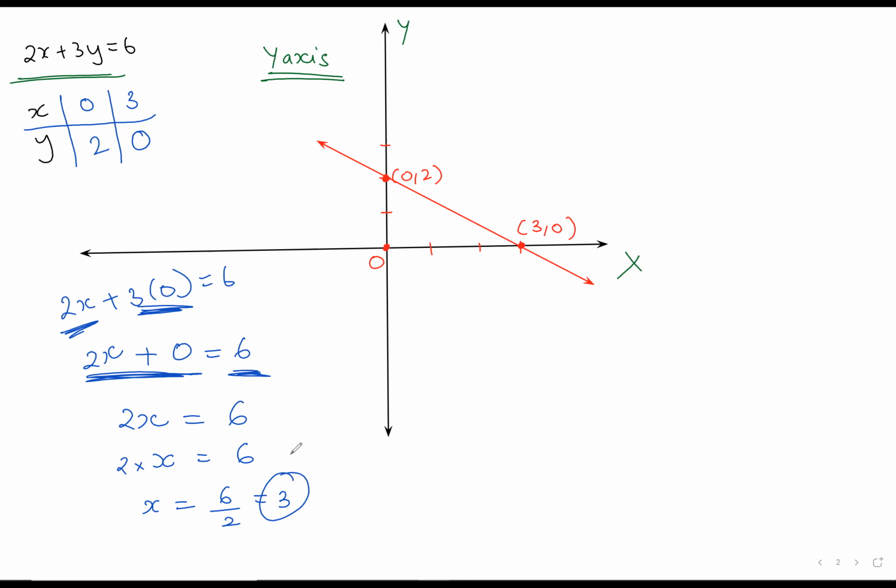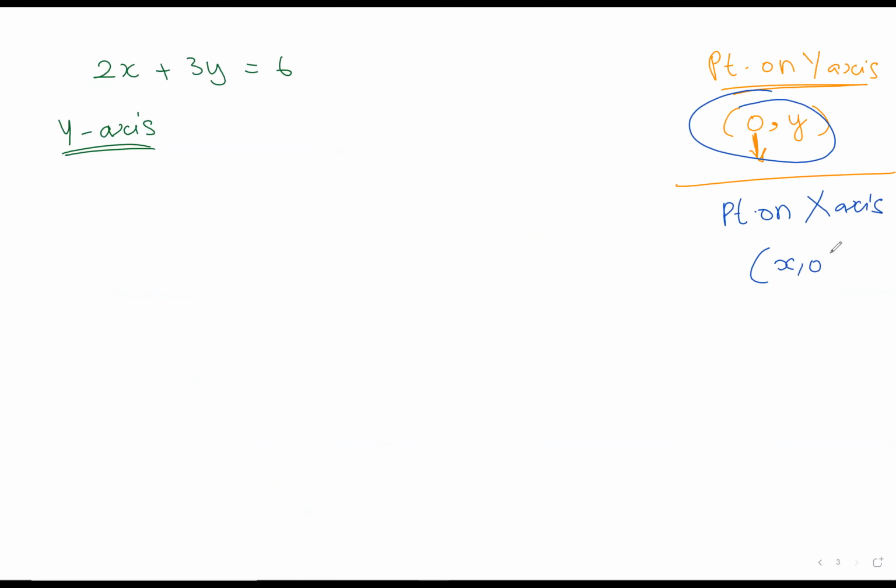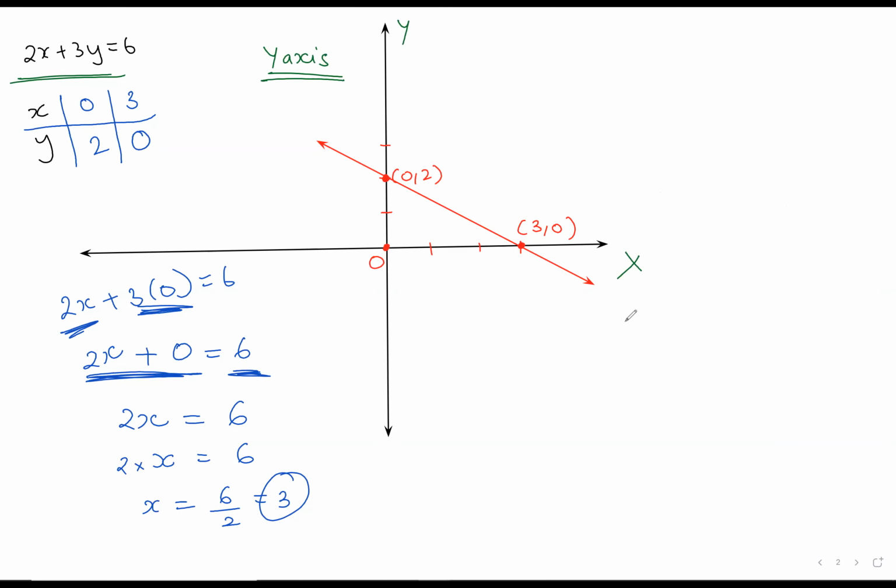Yes? Any point on the x-axis, what will it look like? Hamna? X comma 0. Yes, that's right. So it will look like x comma 0, right? Just take a look at all the points over here.